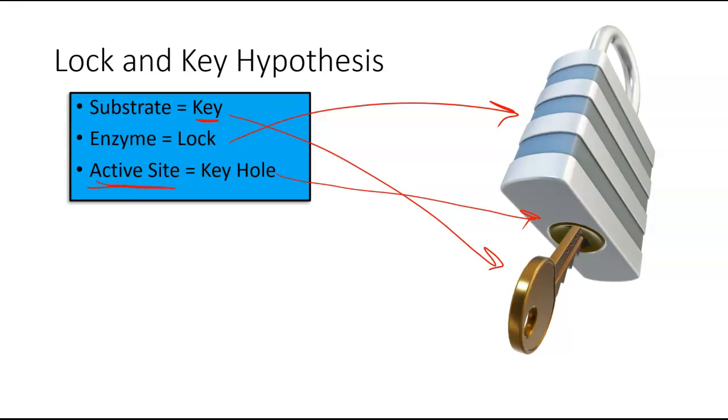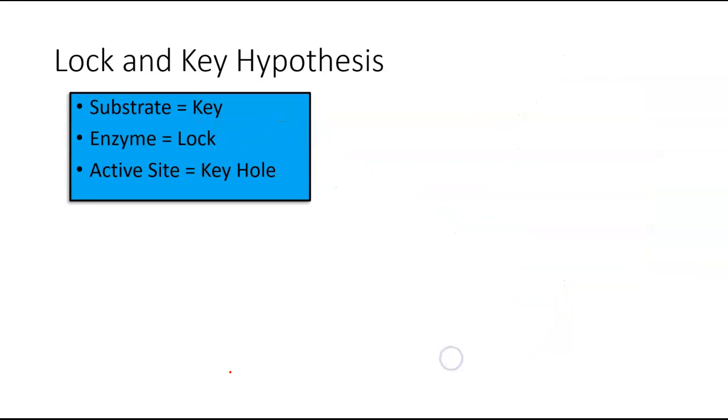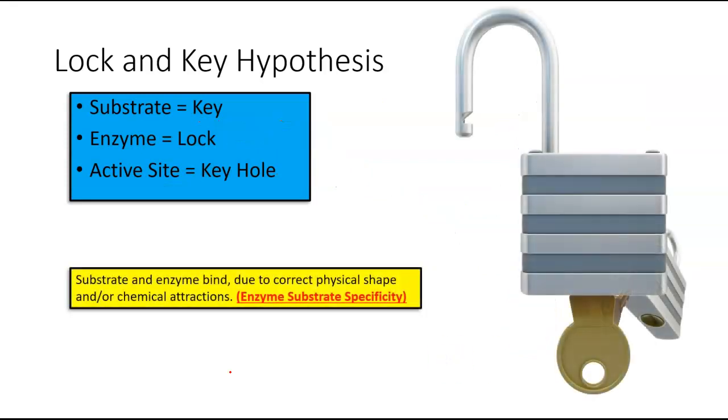And so we like to use the lock and key hypothesis as a way to demonstrate the enzyme substrate specificity, but also as an analogy to help understand the importance of matching the shape of a substrate to the shape of the active site. Okay, the key will eventually unlock the lock, which is what any enzyme is really vying to do, right?